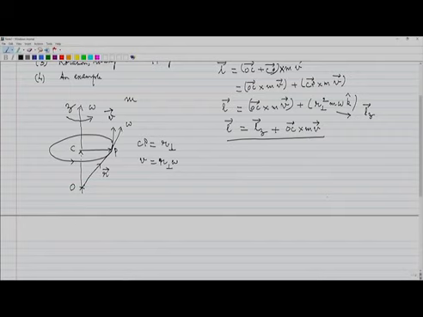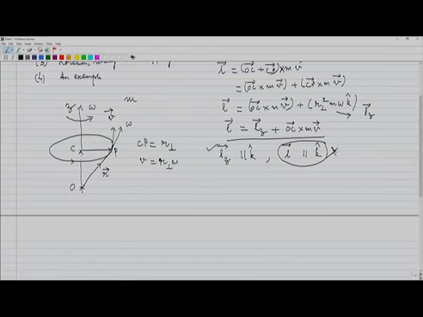So L_Z is parallel to the fixed axis K. But you can't say that L itself is parallel to the Z axis, unit vector K. This is right, this is wrong.